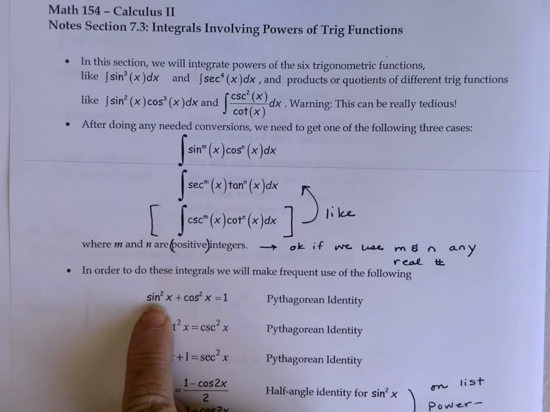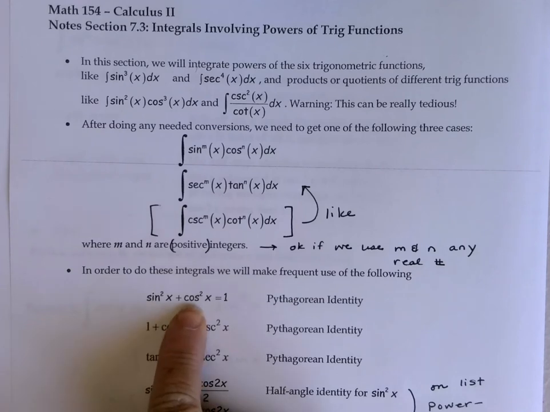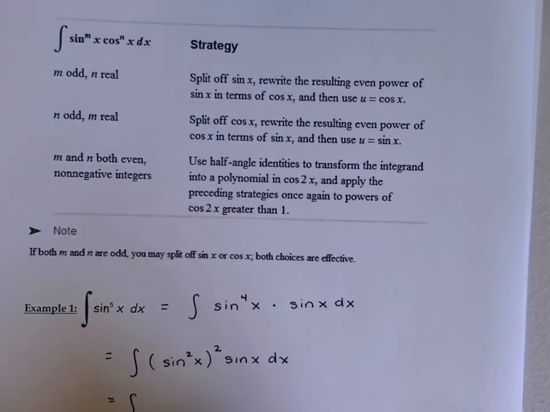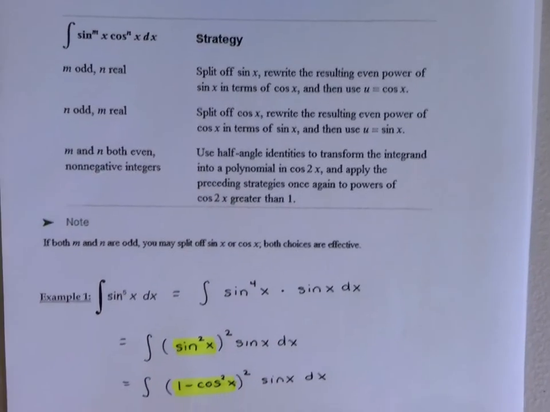And sine squared, right here, would be 1 minus cos squared. So I've got a really common substitution here. I've used my Pythagorean identity to replace sine squared with 1 minus cosine squared.